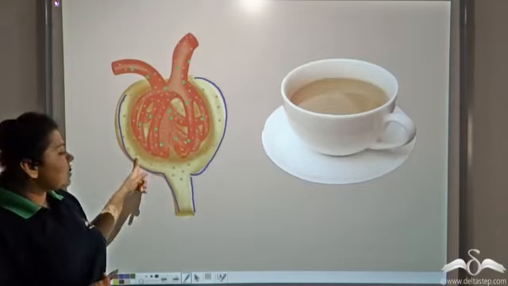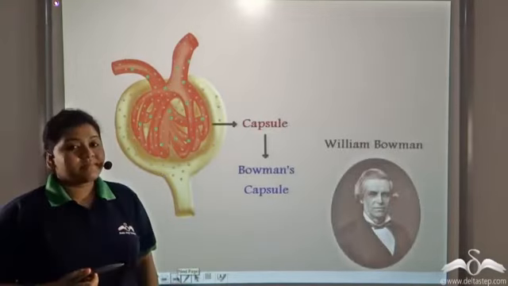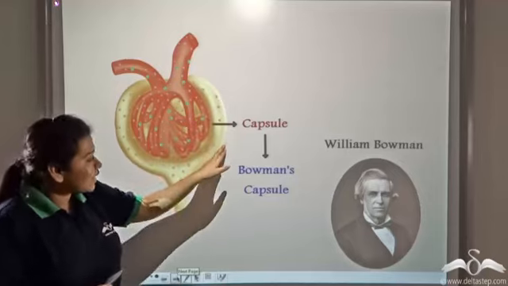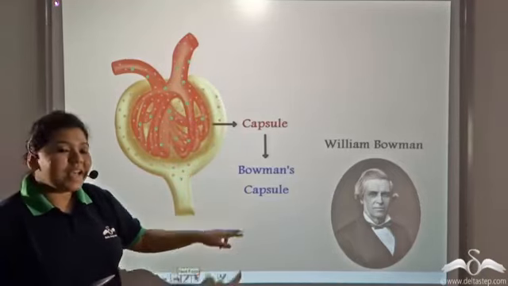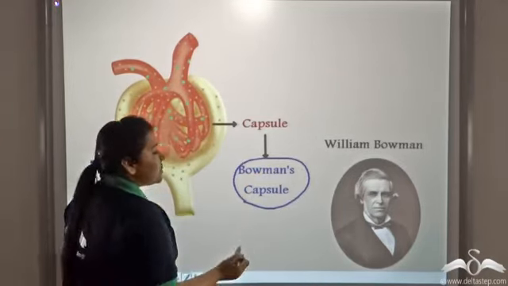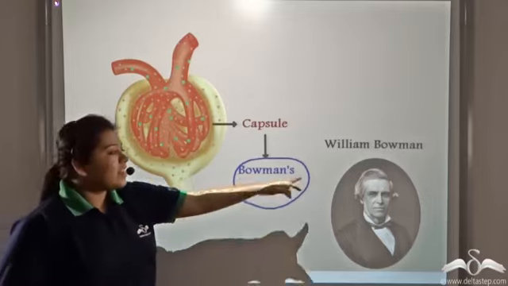So, it has a cup-shaped structure. This cup-shaped structure looks like a capsule and is known as the Bowman's capsule, after the famous scientist who first discovered it in a kidney, William Bowman.